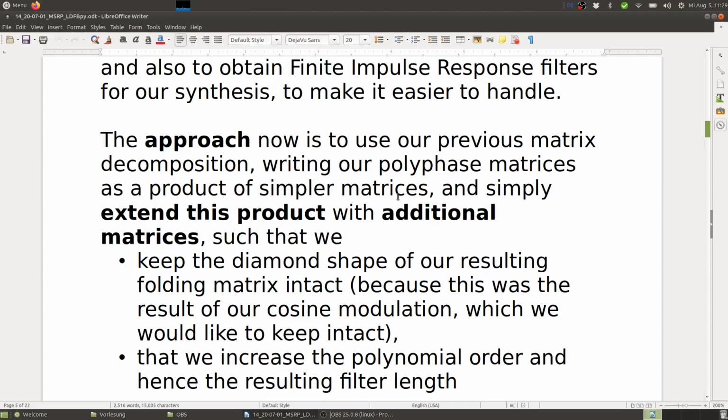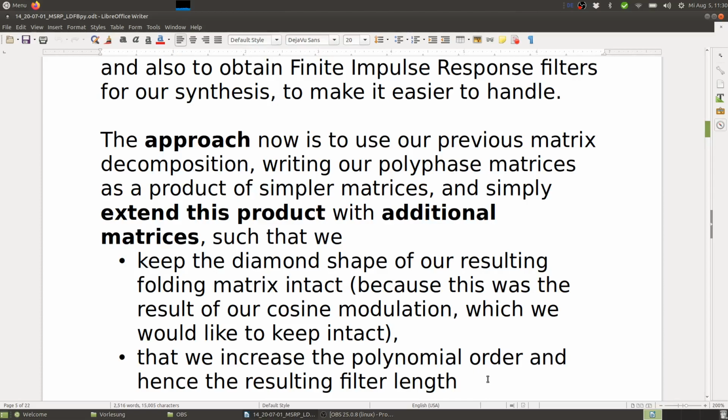Basically apply the same trick again, such that we keep the diamond shape of our resulting folding matrix intact, because this was the result of our cosine modulation, which we would like to keep intact, while we increase the polynomial order and hence the resulting filter length.